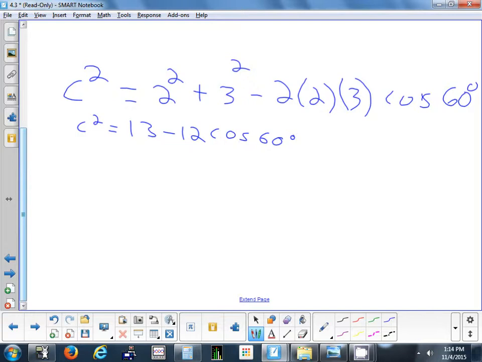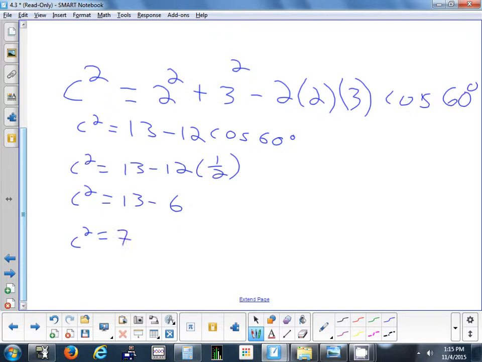Yeah, let's do 12 times cosine 60. To save us a little time, the cosine of 60 is a half. If you type it in, that's what you'll get. So now we get 13 minus 6. Now we subtract. Justin, what's 13 minus 6? 7.